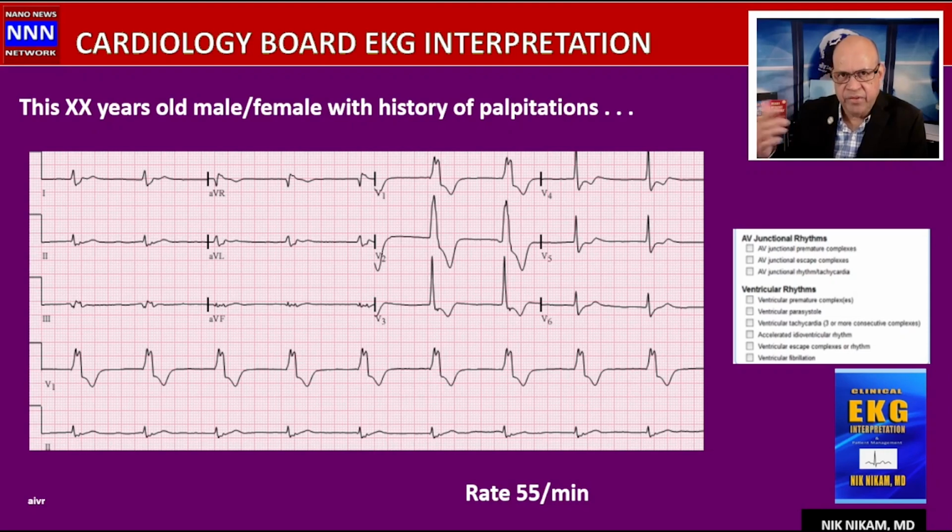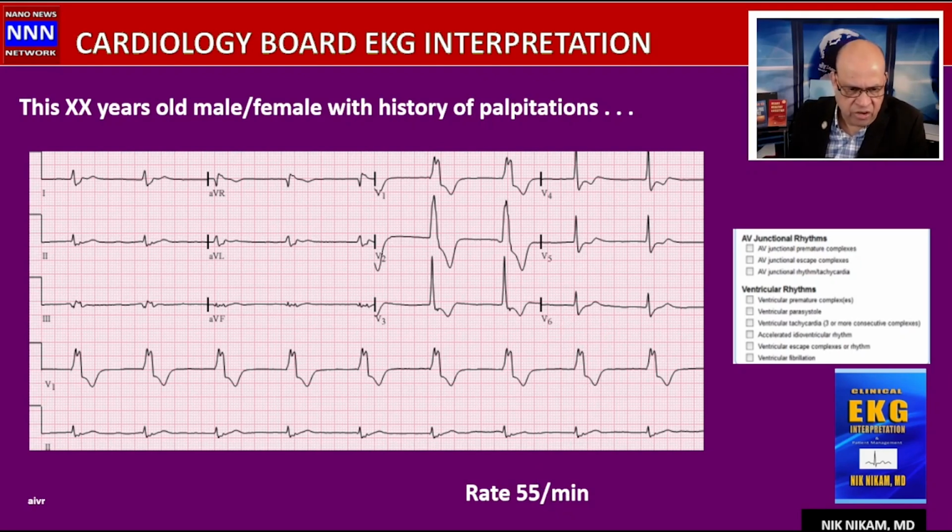With escape rhythm, the rates are usually less than 40 beats per minute. Since this is a wide QRS complex, we need to think about accelerated idioventricular rhythm, because the QRS is pretty wide and the rate is approximately 55, which falls in the range of 40 to 60.